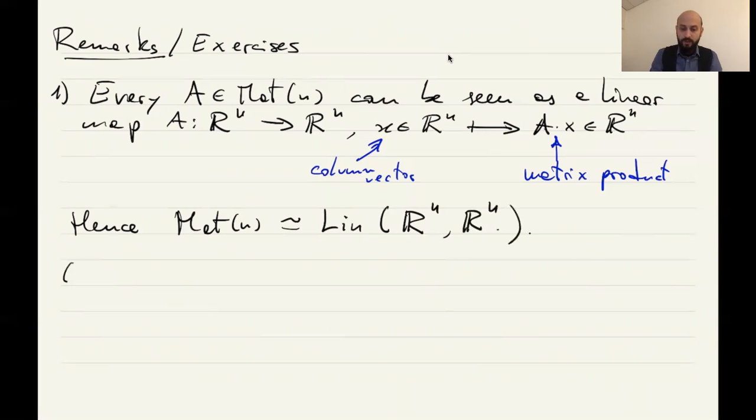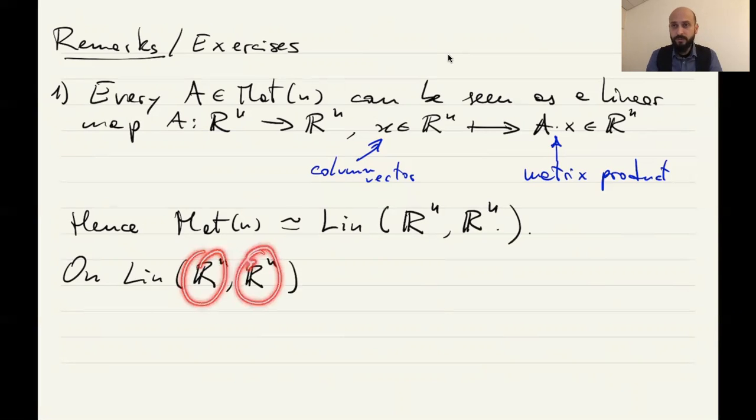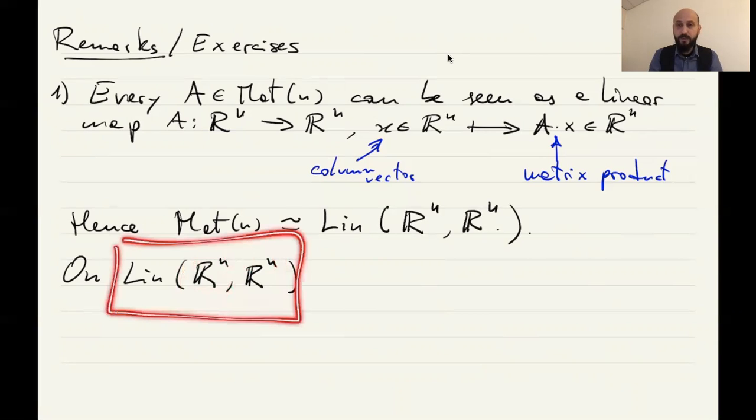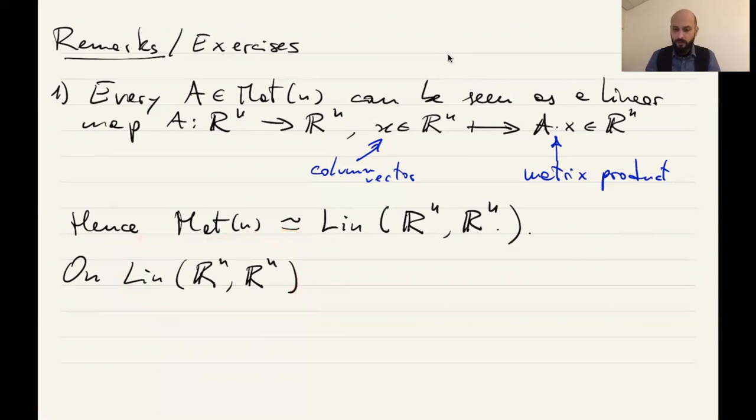Now, on R^n and on the linear maps from R^n to R^n, these two are normed vector spaces. Fix, for example, the Euclidean norm, so R^n becomes a normed vector space, and the linear maps form a normed vector space with the operator norm.